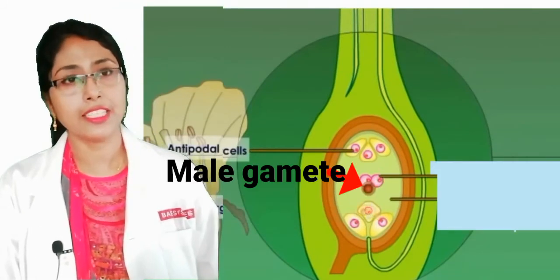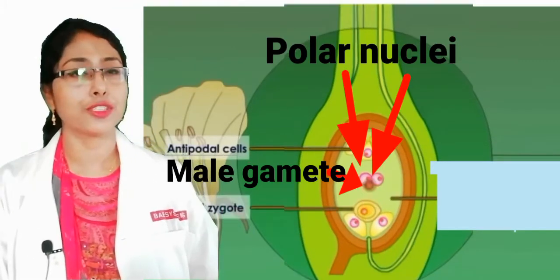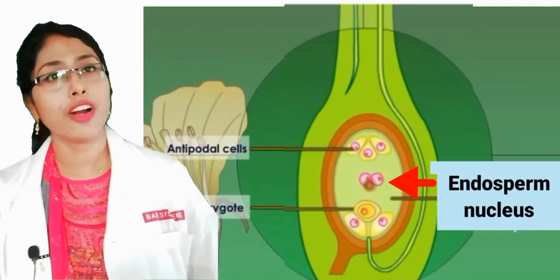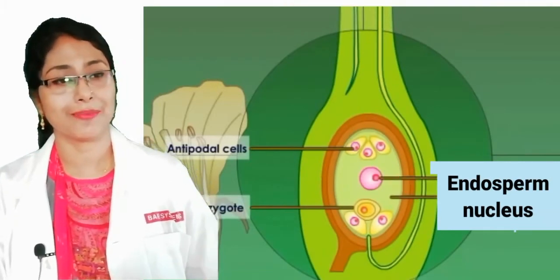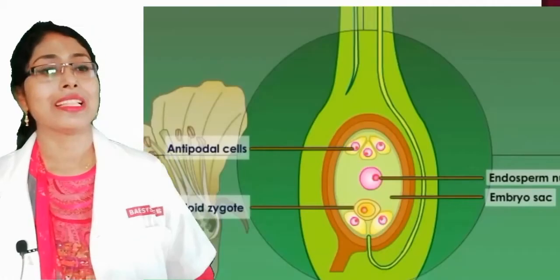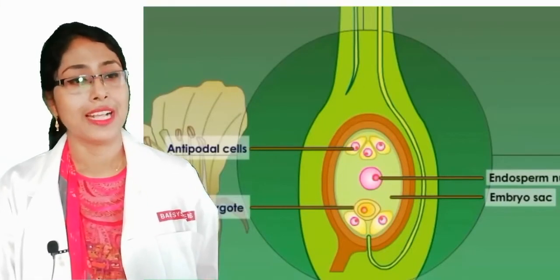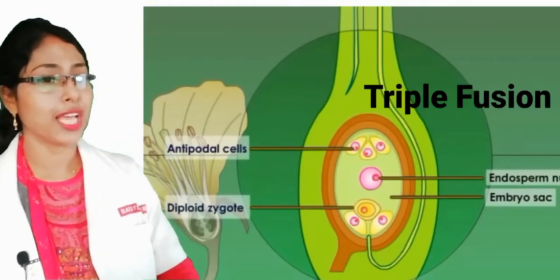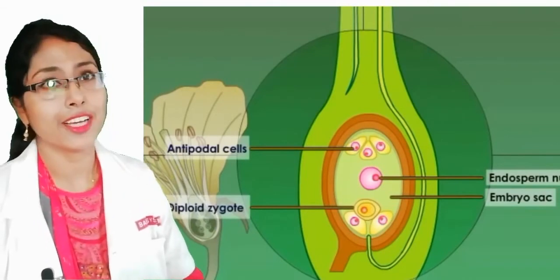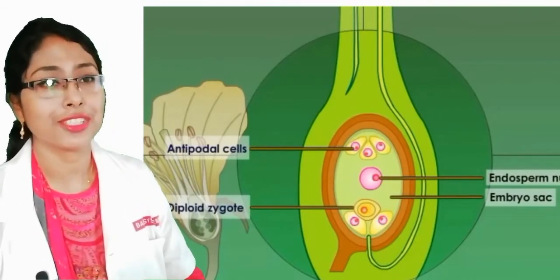The second male gamete fuses with the two polar nuclei to form endosperm nucleus. The fusion of three nuclei is called triple fusion. The process of fertilization and triple fusion together is called double fertilization.